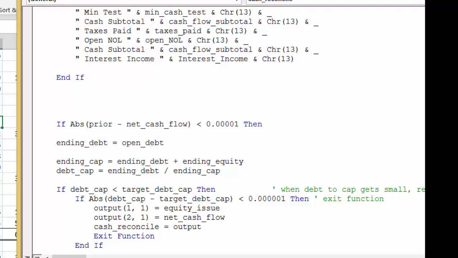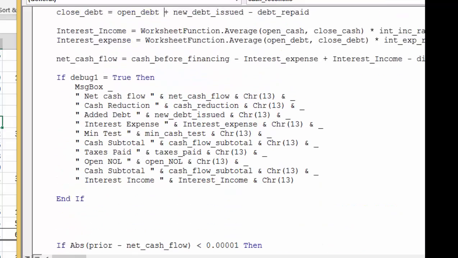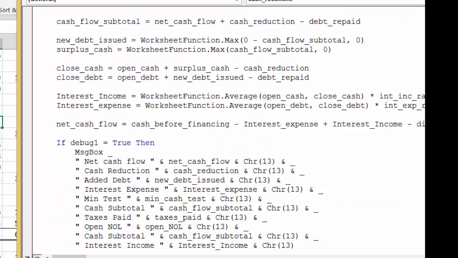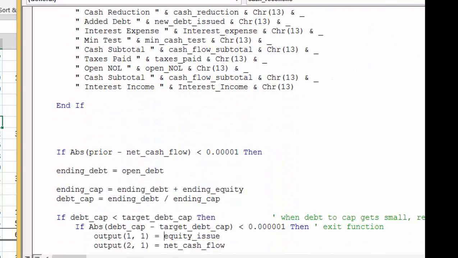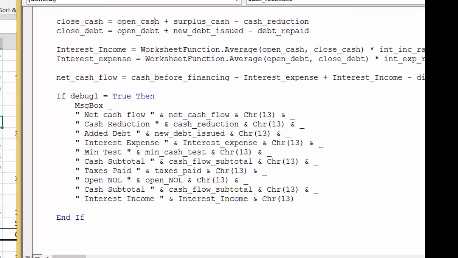Now, what did we call it? Open debt or opening debt? No, we have the closing debt. We have the closing debt up here. Excuse me. And instead of, I'm going to call it closed debt. Excuse me for this.